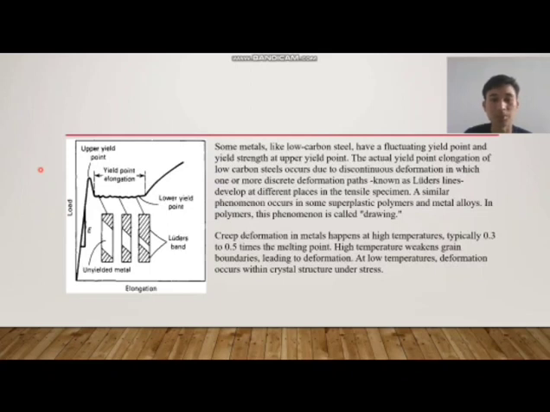A similar phenomenon occurs in some superplastic polymers and metal alloys. In polymers, this phenomenon is called drawing.